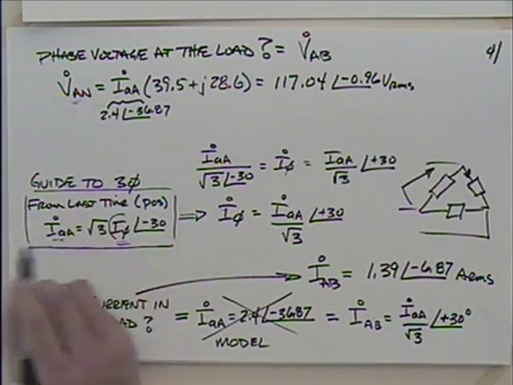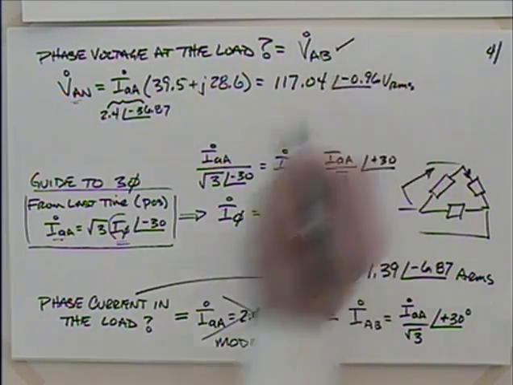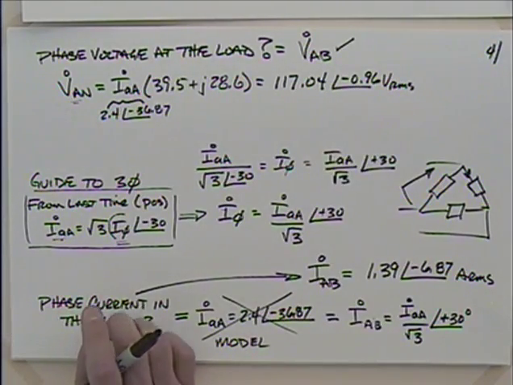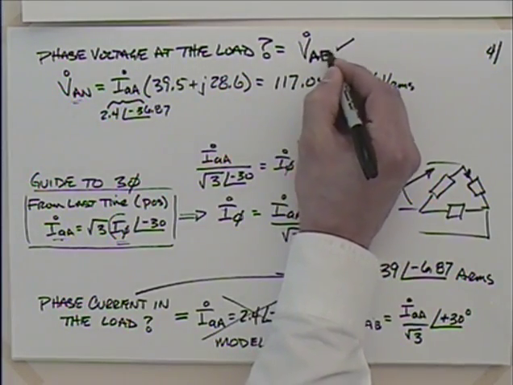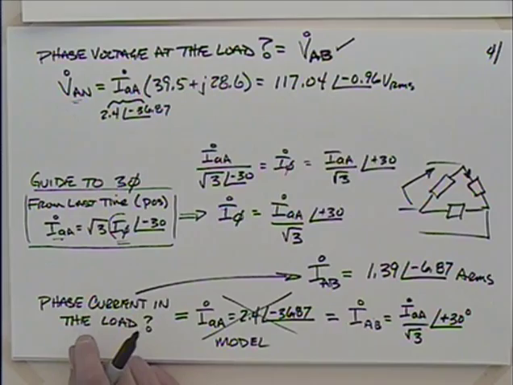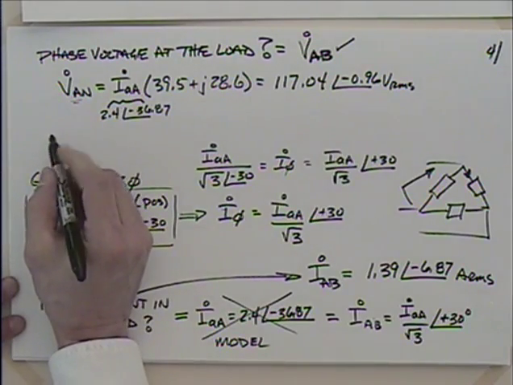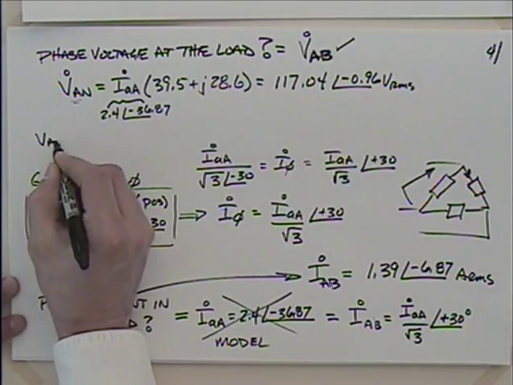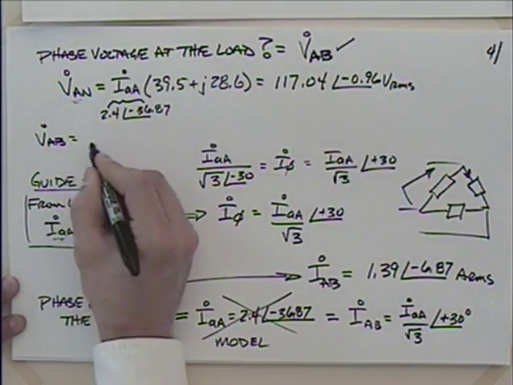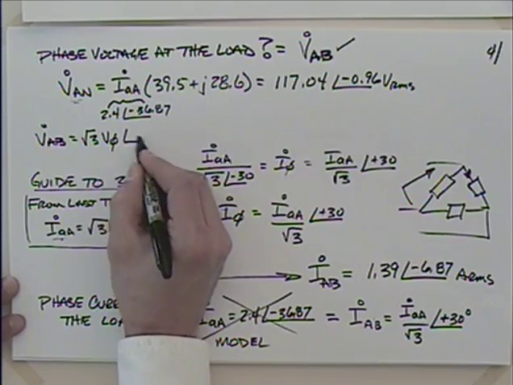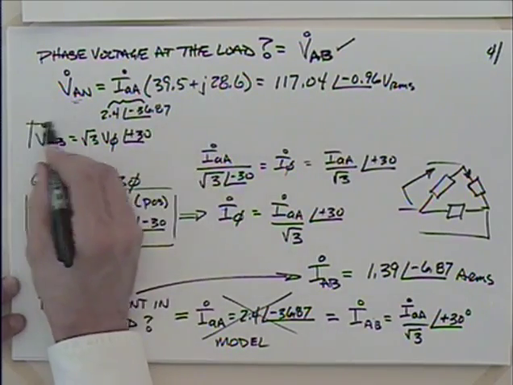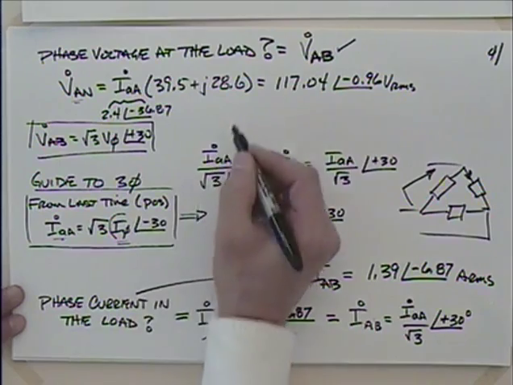But that's really not what we want. We don't want AN, we want AB. This is what we want. So how do I get that? Well, what do we have with the guide to three-phase? What did we say VAB was? Root 3 V phi at plus 30. Okay, so how do I get there?